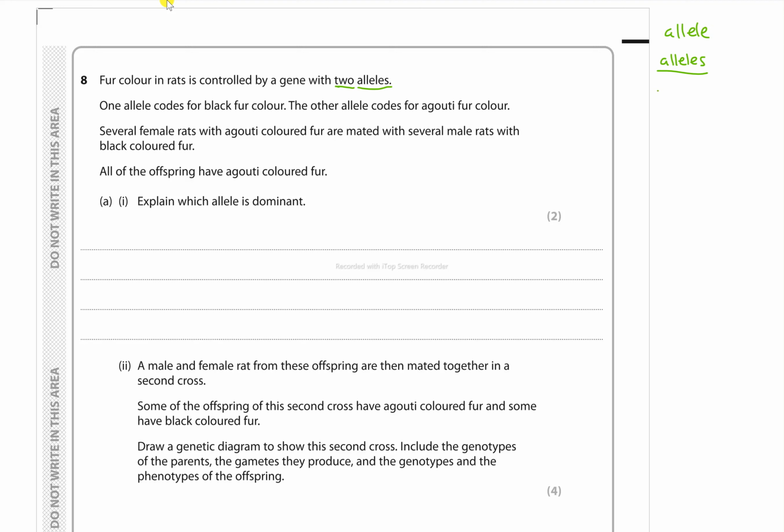So these are 2 different versions of the same gene. So for example, eye color.